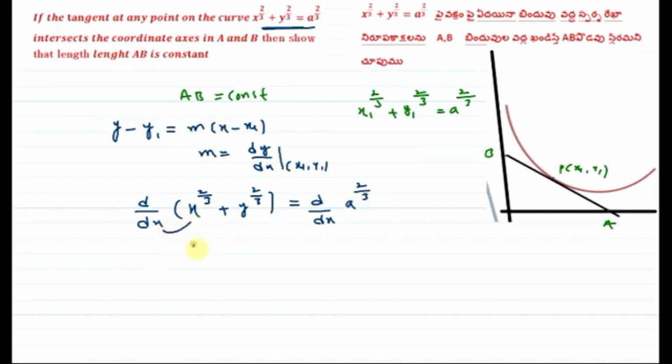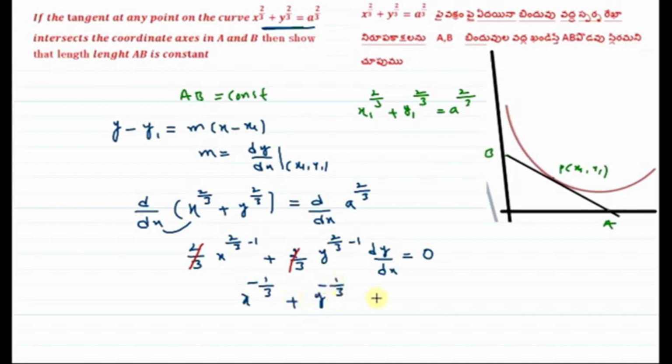Now the derivative of x to the power of 2 by 3 is 2 by 3 into x to the power of 2 by 3 minus 1, plus the derivative of y to the power of 2 by 3 is 2 by 3 y to the power of 2 by 3 minus 1 into dy by dx, which is equal to the derivative of the constant a, that is 0. Here this 2 by 3 and 2 by 3 get cancelled. After simplification, x to the power of minus 1 by 3 plus y to the power of minus 1 by 3 into dy by dx is equal to 0.